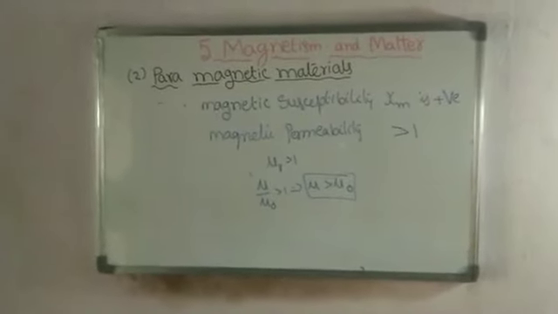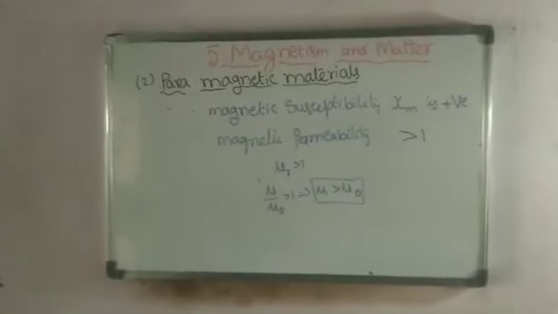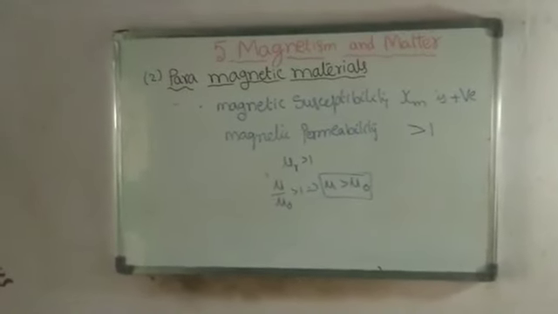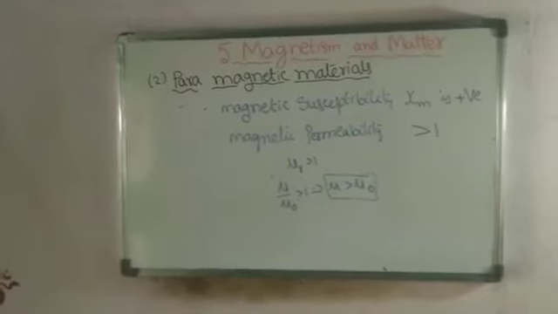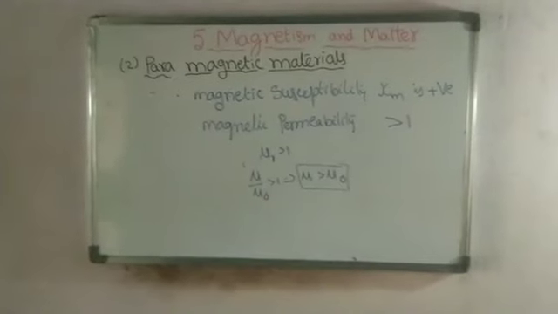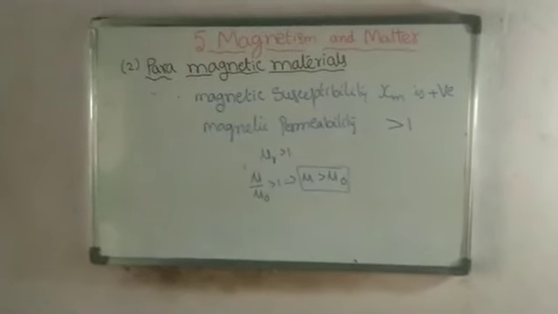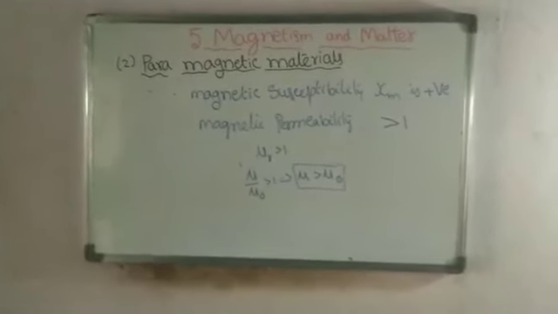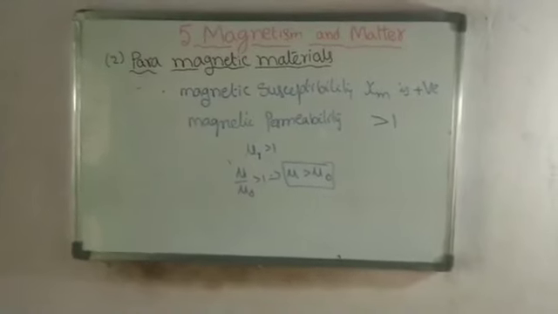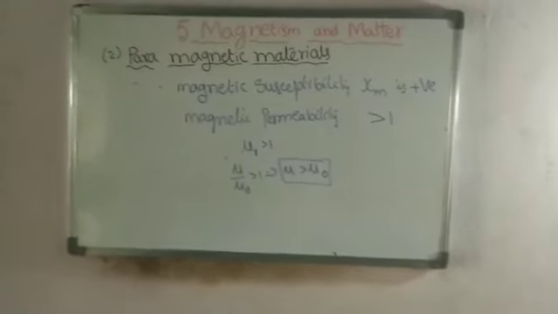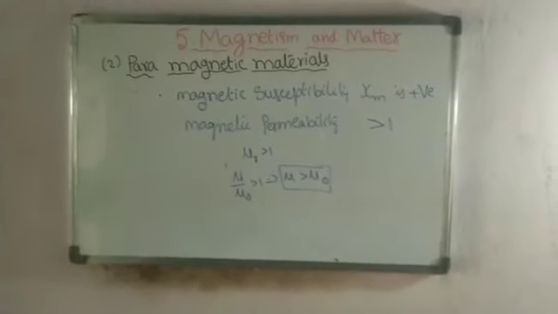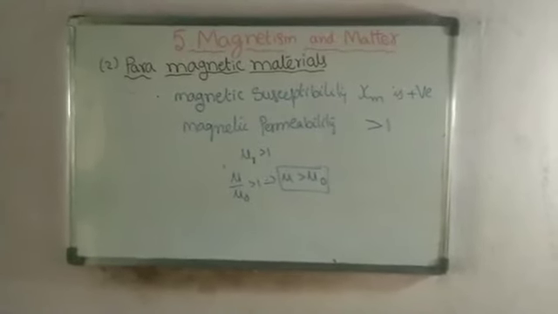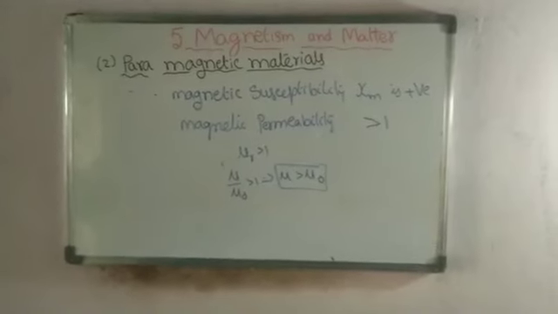Once again, see the properties of paramagnetic materials. First, individual constituents have a net magnetic moment of their own, which means they already have dipole moments. Second, whenever the material is placed in a magnetic field, the individual dipoles are aligned along the magnetic field, and due to that the material can be magnetized.